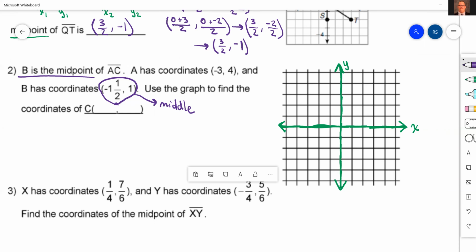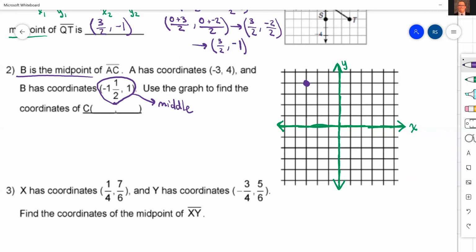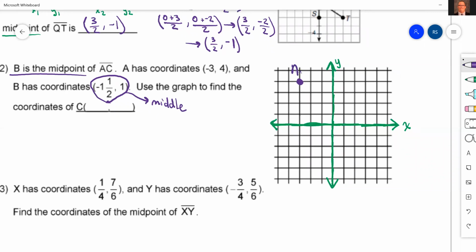And then I go down 4. 1, 2, 3, 4. Oh, -3, +4. Whoopsies. I need to go up 4. 1, 2, 3, 4. Helps if I go the right direction. There's my A.